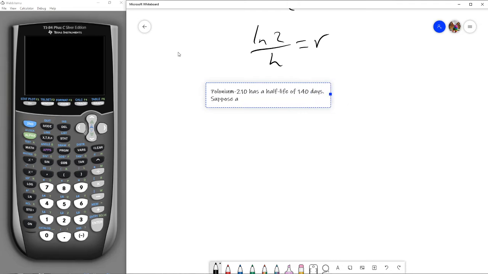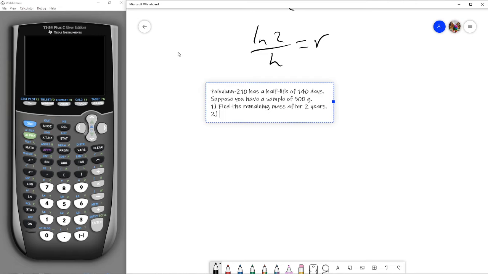Suppose you have a sample of about 500 grams. It's a lot of polonium. 1. Find the remaining mass after about 2 years.